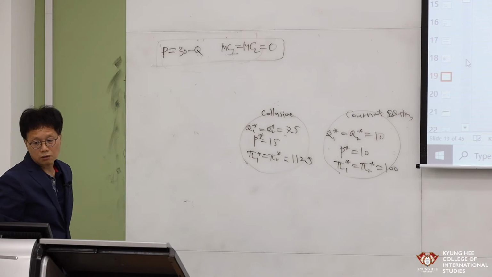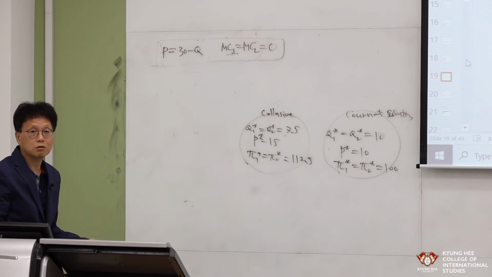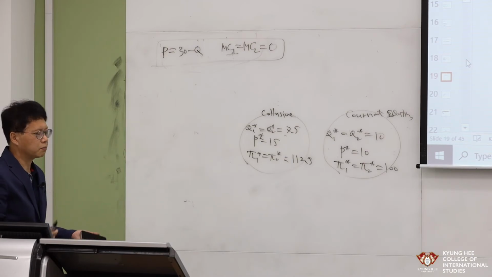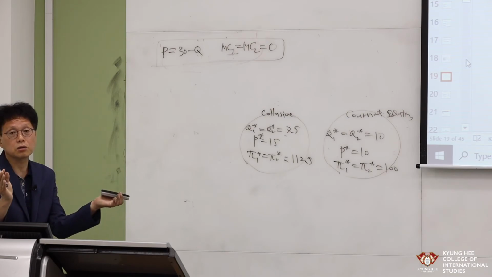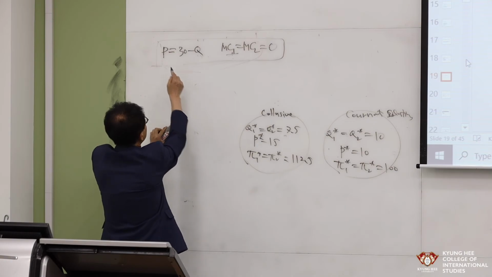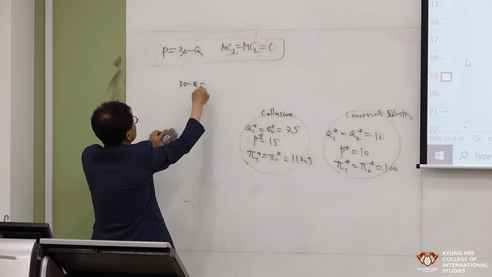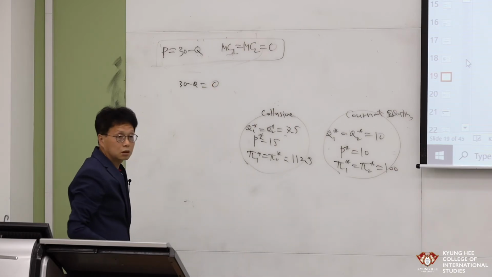Okay? Now think about, then what is the competitive outcome? Competitive outcome, think about the profit maximization condition for a perfectly competitive market. The condition is price equal to marginal cost, isn't it? Right? Then price is equal to marginal cost. So 30 minus Q is equal to marginal cost, which is equal to 0.